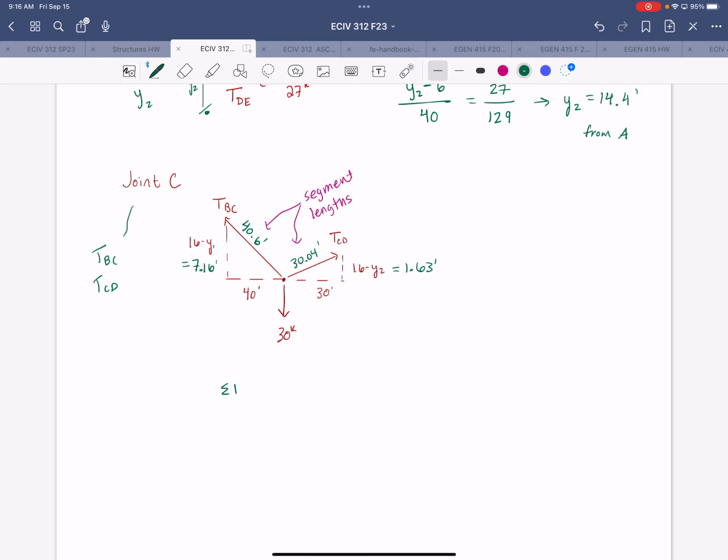So from sum of forces in Y, you would get 30 kips is equal to 7.16, and this is again using similar triangles. So 7.16 over the cable length, 40.6, times TBC, plus 1.63 over the other cable length, 30.04, times TCD.